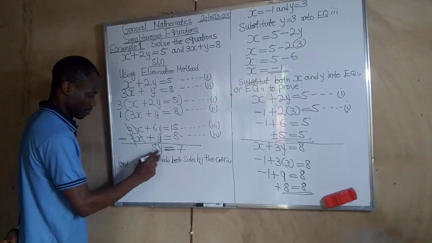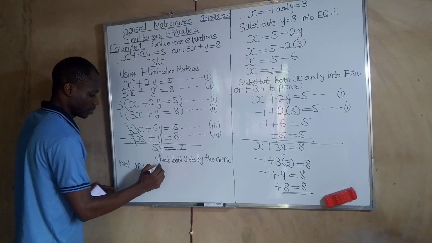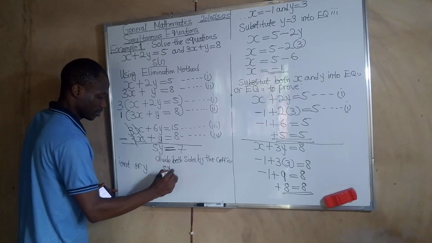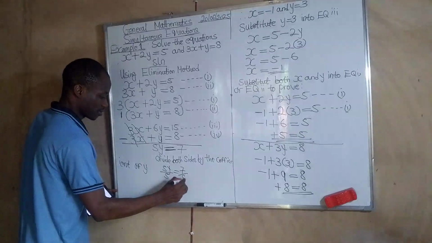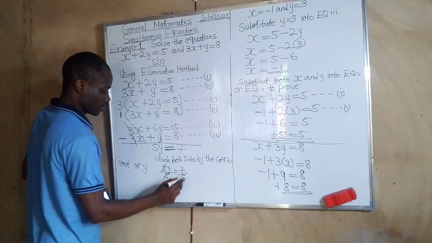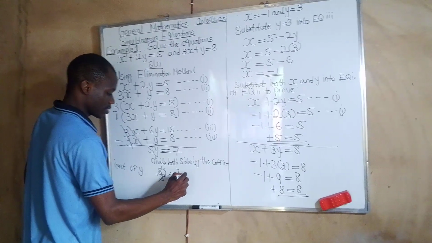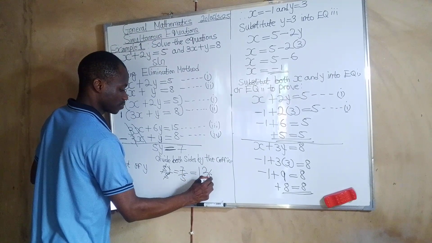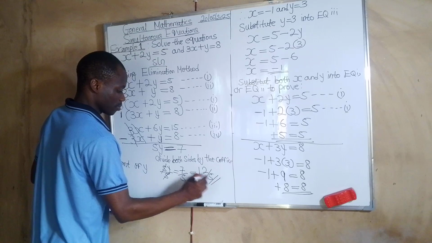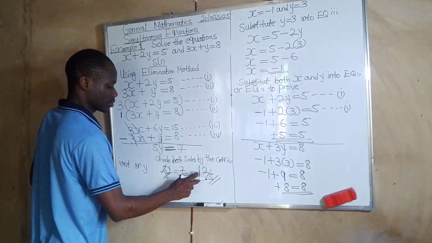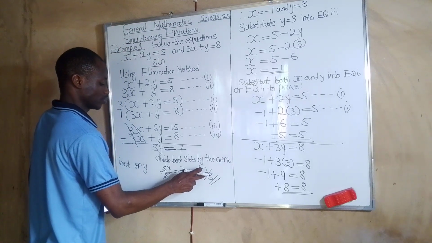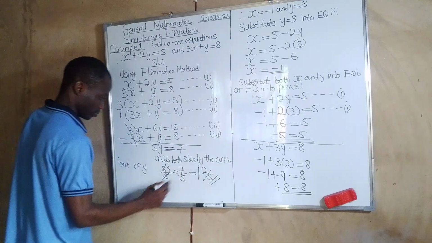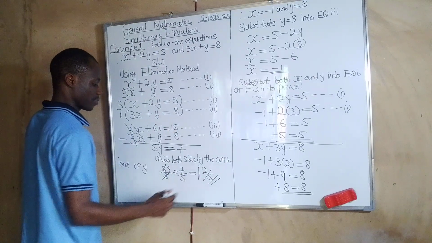So the coefficient of y is 5, so we say 5y over 5 is equal to 7 over 5. 5 cancels 5. So 7 over 5 gives us 1 whole number 2 over 5, right? 5 times 1 is 5, 5 plus 2 is 7 over 5. So y is equal to 7 over 5 or 1 and 2 over 5.